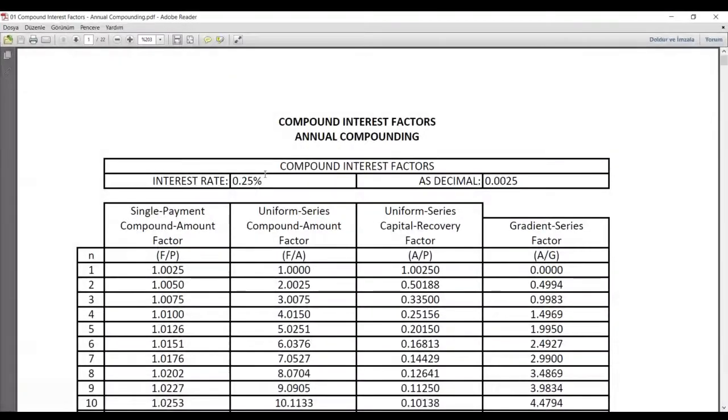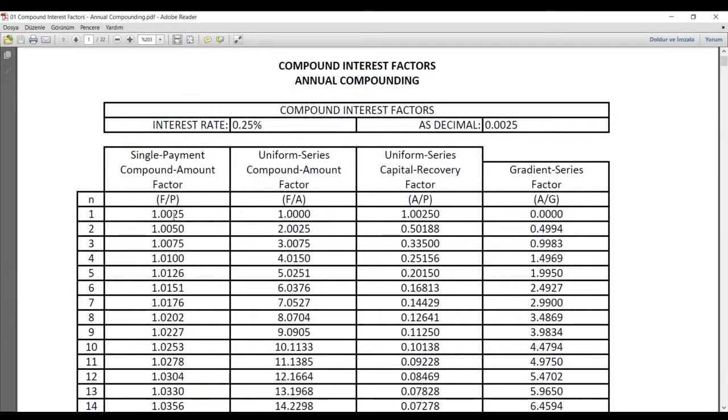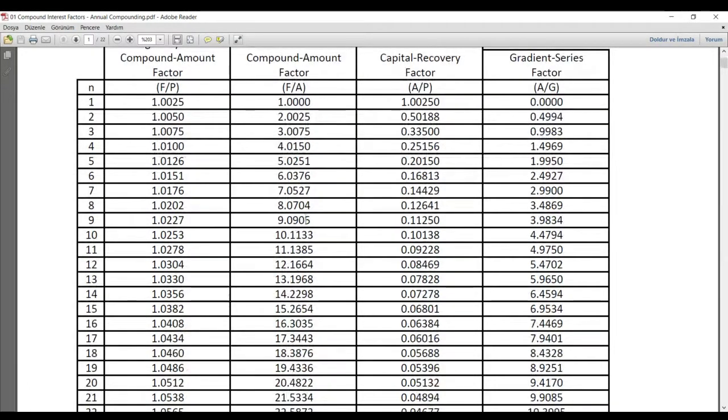Now, suppose that you have fixed the interest rate to a certain one, just like 0.25%. Now, if you increase the value of n, if you increase the number of investment years, you will realize that the values in the first column, which is single payment compound amount factor, will always be increasing. The values in the second column will always be increasing. The values in the third column, the capital recovery factor, will always be decreasing, and the gradient series factor will always be increasing.